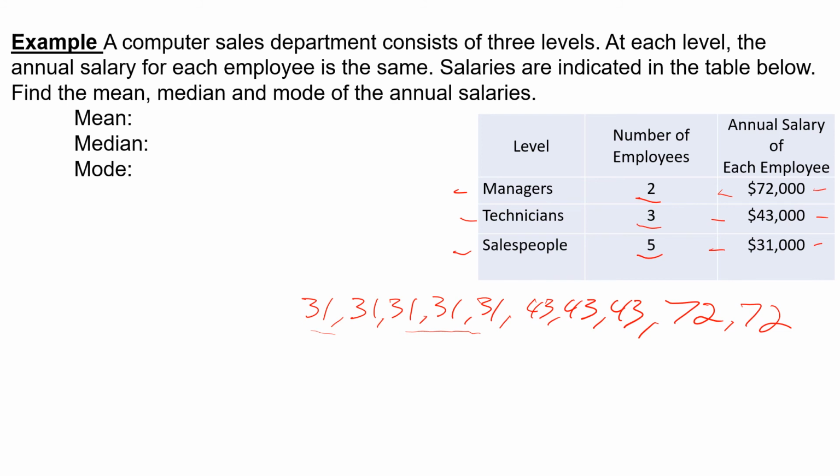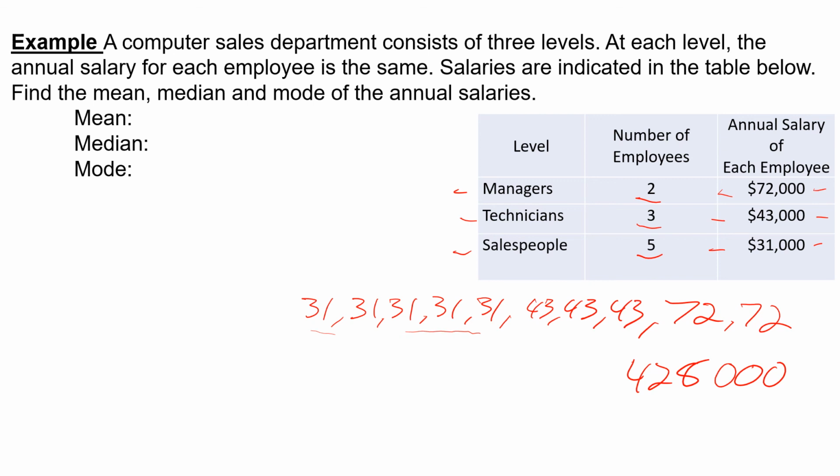The total for all this is 428. Since it's 428,000, I just took the thousands off all these numbers, but I have to put it back later.